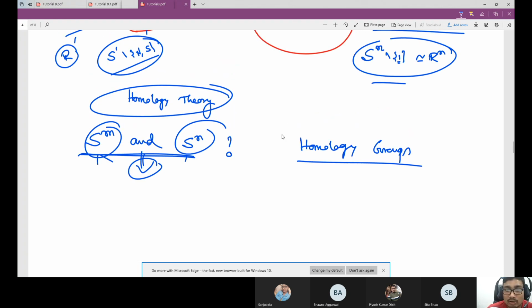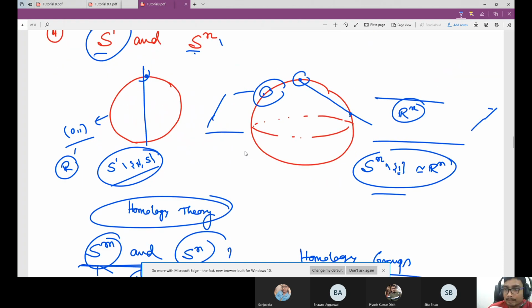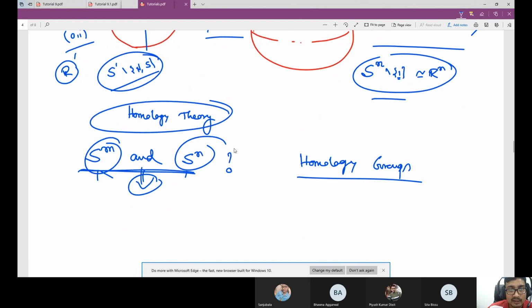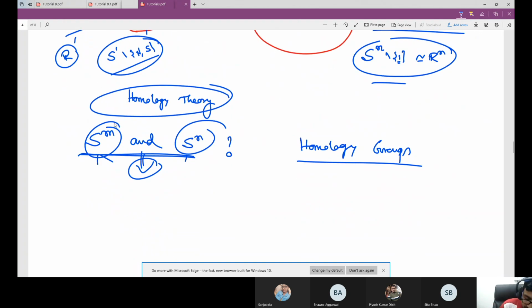So actually we deal with homology groups. In fact, using these, we distinguish between Rn and Rm. So these are not homeomorphic, which can also be proved using this kind of spaces.